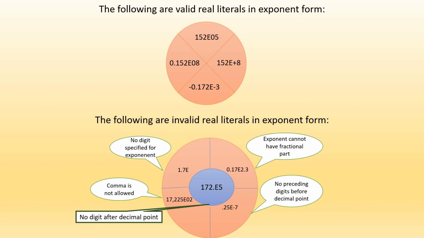So you have to check the rule for fractional form as well as exponent form in the examples of exponent form. That means when you are checking the validity of real literals in exponent form, you have to check whether there is a digit before the decimal point and a digit after the decimal point. Then only you have to check the rule of the exponent form.